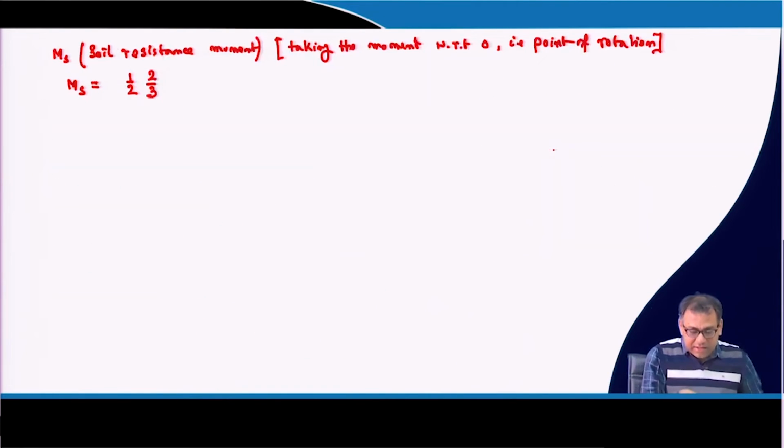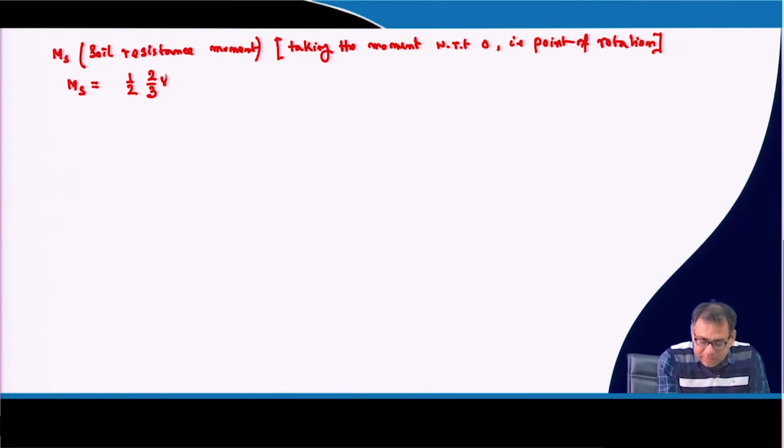So, I can say the moment Ms at this point: the force for triangle 1 will be 2/3 of gamma dash d Kp minus Ka into 2/3 of d. That is the force.